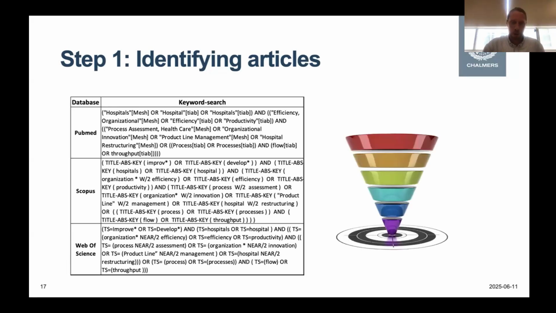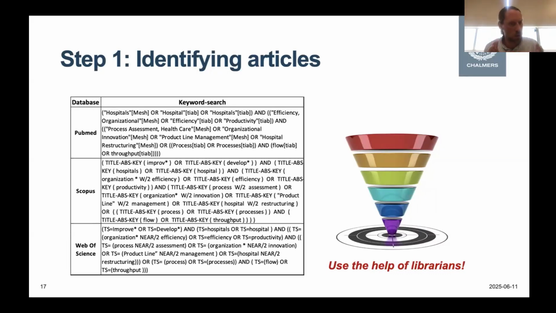Anyway, a good recommendation is to use the help of librarians. They're experts in this field. I took a lot of help from a librarian, and they can really direct you on how to formulate a good search string and how to translate it from one database to the next.